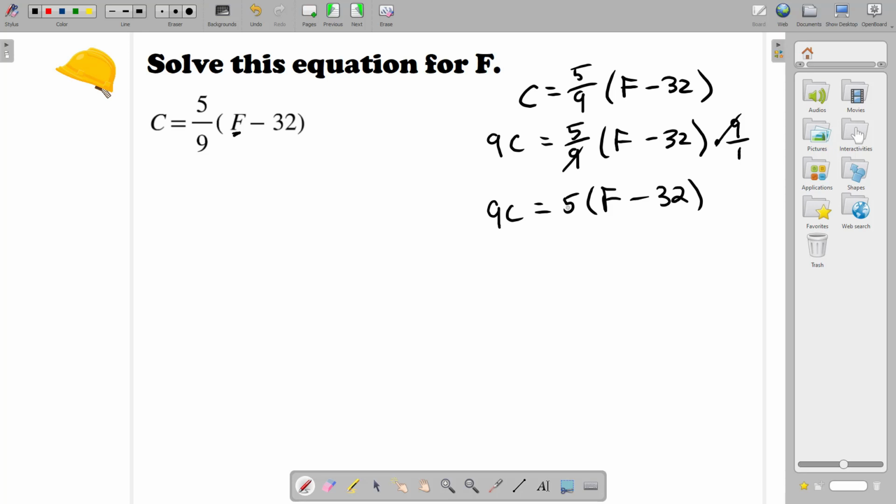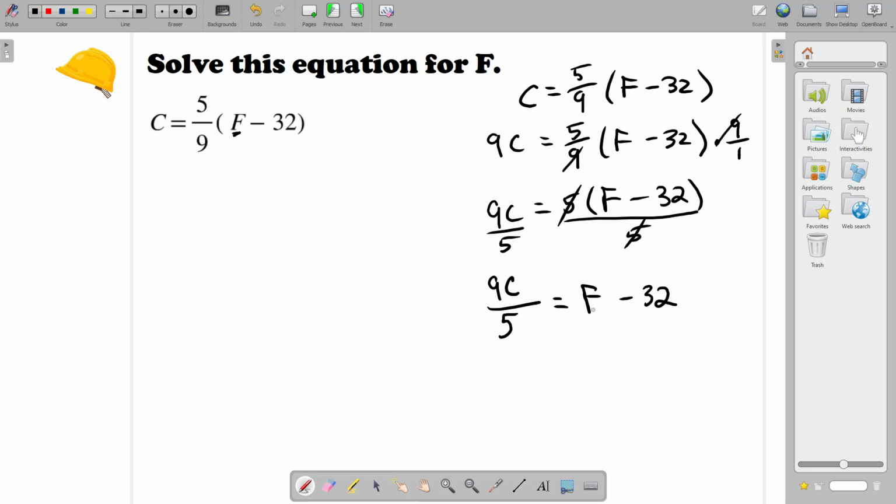Now we're still trying to get F by itself, so I'm going to get rid of this 5 by dividing this side by 5 and this side by 5, and I get 9C over 5 equals F minus 32 because the 5's divide out.